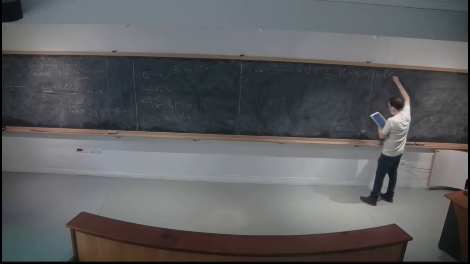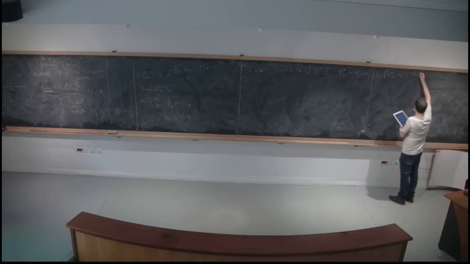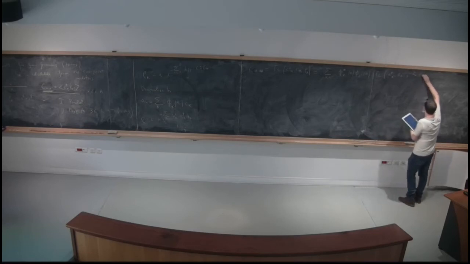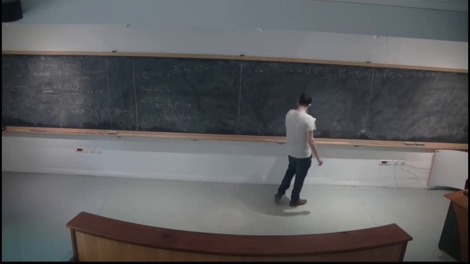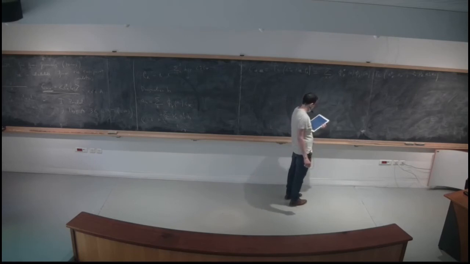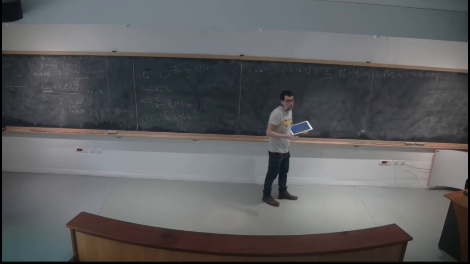Here I have a_k dagger, a_k', and e to the minus sum over k of nu_k a_k dagger a_k. Now this matrix is diagonal, so you can perform this trace very easily.